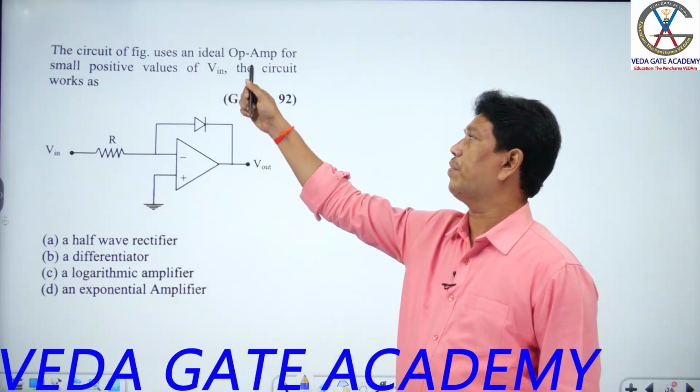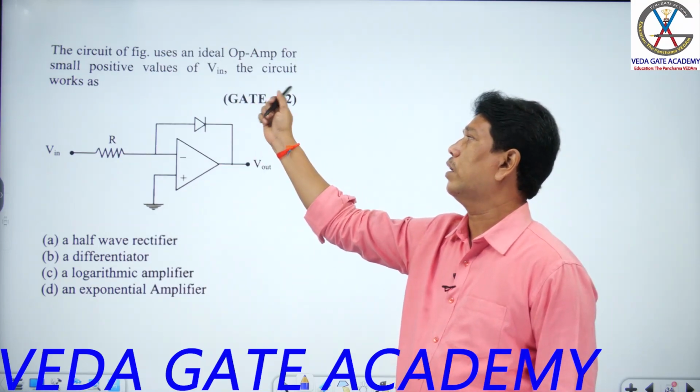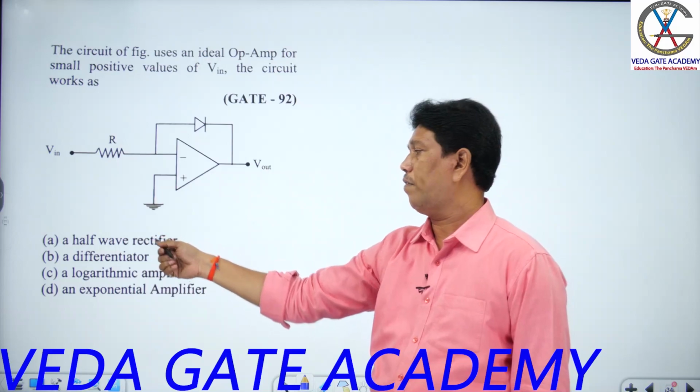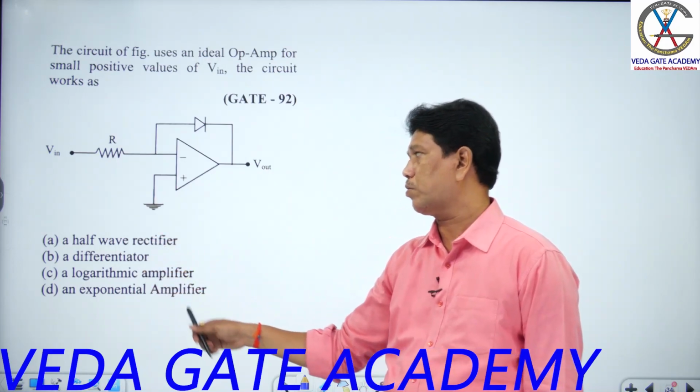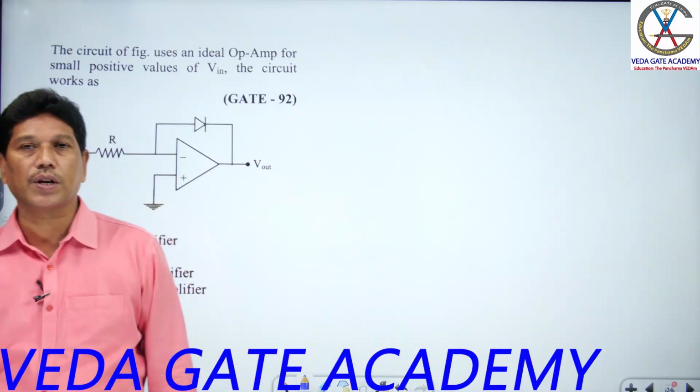The circuit of the figure uses an ideal op-amp. For small positive values of V in, the circuit works as a rectifier, differentiator, logarithmic amplifier, or exponential amplifier. It is a logarithmic amplifier, you know already, where the diode is a feedback element and the resistor is an input component.